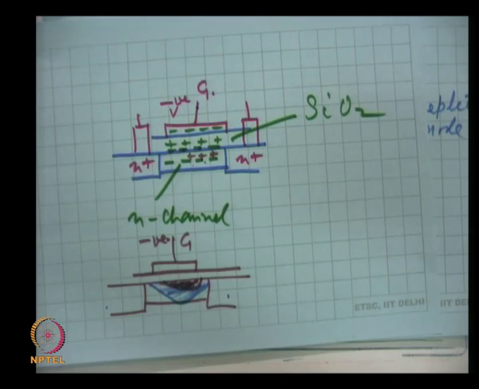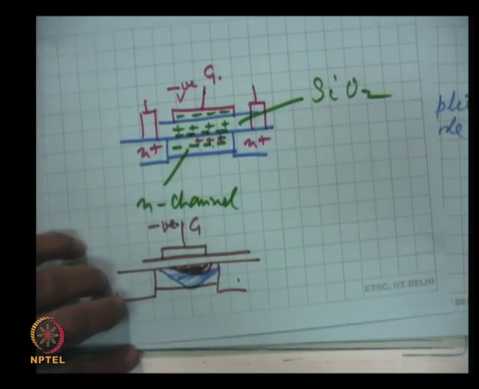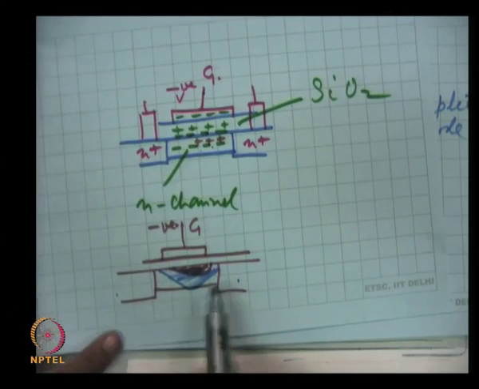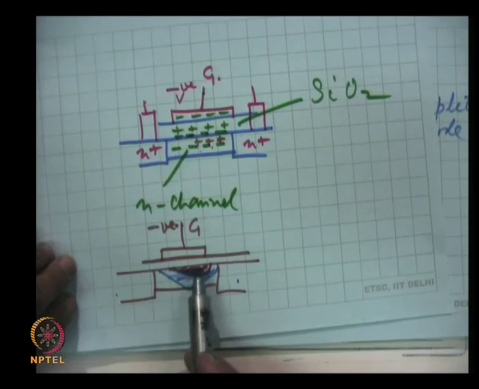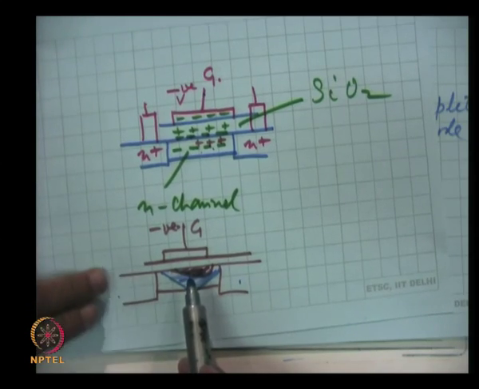If we give a positive voltage to the gate, which is possible, that will enhance the conductivity, that will induce more negative charges in the channel, and hence the conductance will increase.